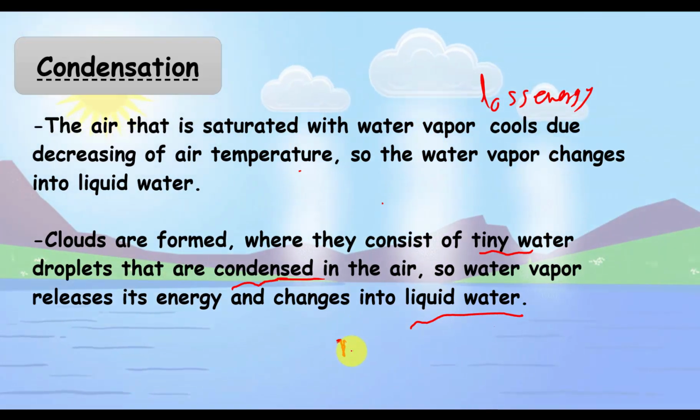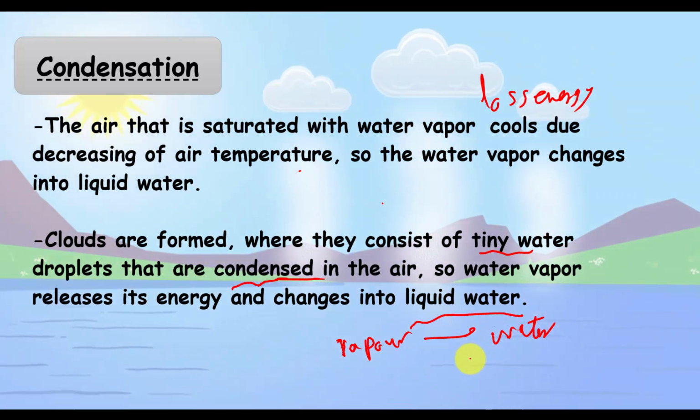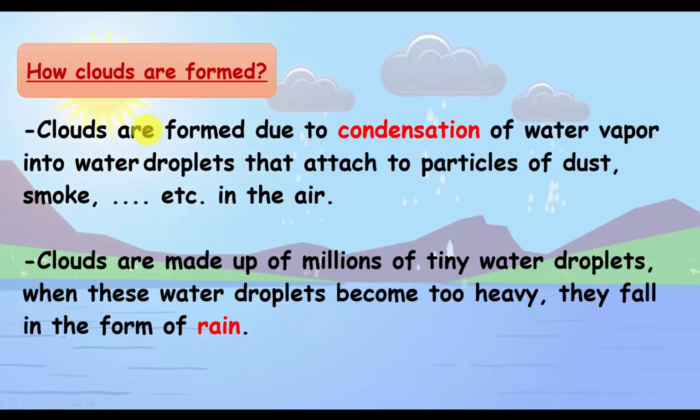So transferring water vapor into water means gas to liquid, accompanied by losing energy, which means when the temperature decreases. How are clouds formed?